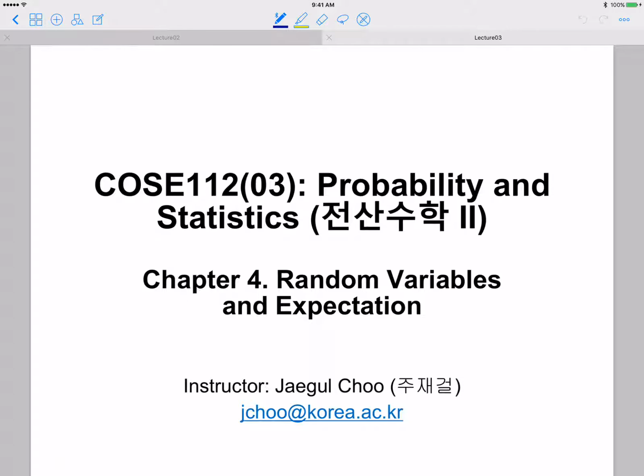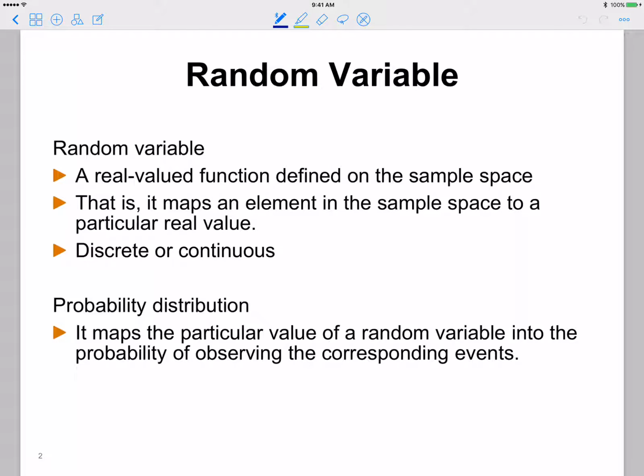Okay, then the next chapter is about random variable and expectation. So what is a random variable? A random variable is a function, okay? Some function. So a function should have some x value, and it is mapped to some y value, okay? In the case of the x value, it is all the possible events defined in our sample space.